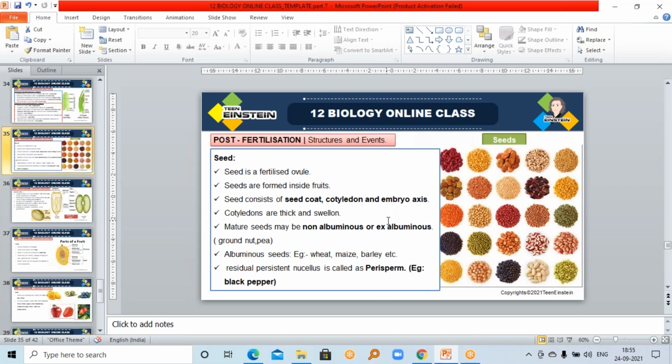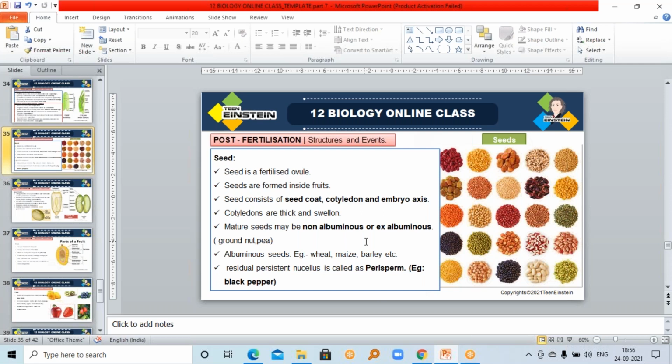The cotyledons are simple structures and they are very thick and swollen. Why are they thick? Due to the storage of food. For example, in legumes, the cotyledons are thick and swollen because of the storage of food.